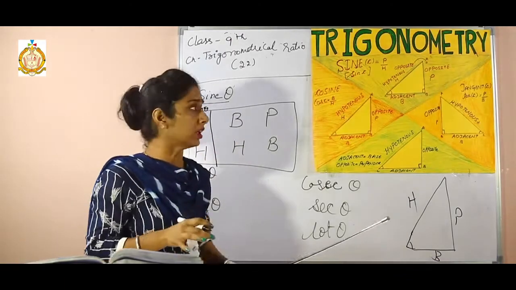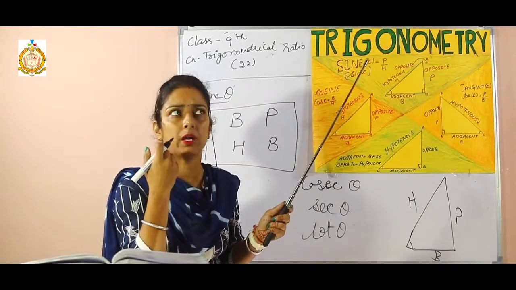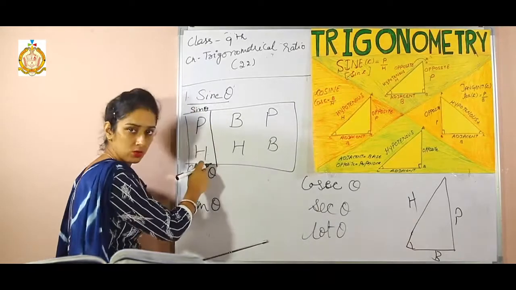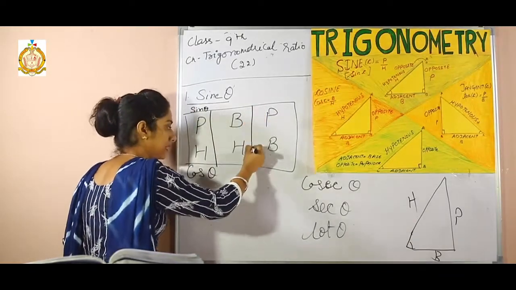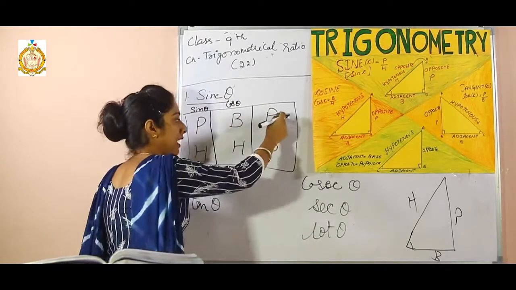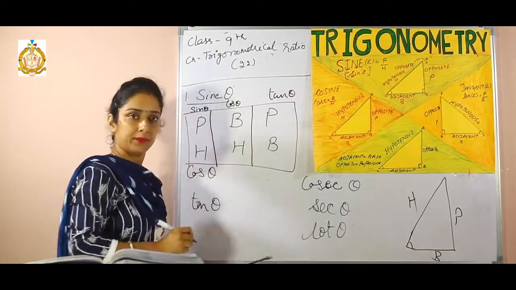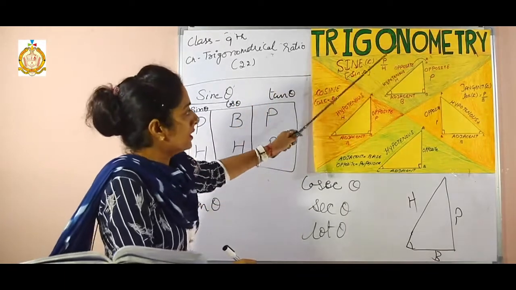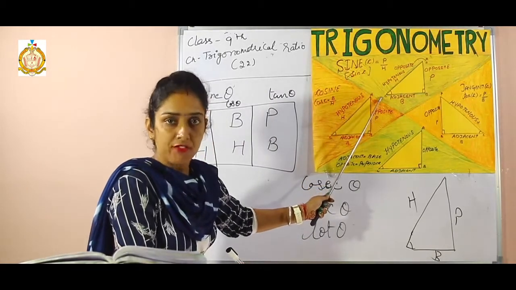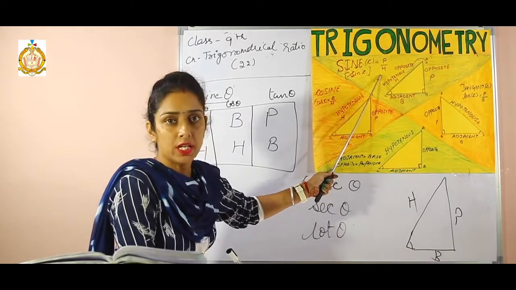It is difficult to learn whether sine theta is P over H, and whether cos theta is H over B or B over H, so this makes it easy to remember. First one is P over H, that is sine, B over H, that is cos theta, and P over B, that is tan theta, right? Now here, sine C means the angle of reference is C, and we have to find P over H.